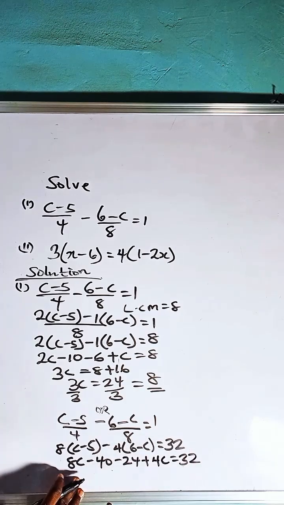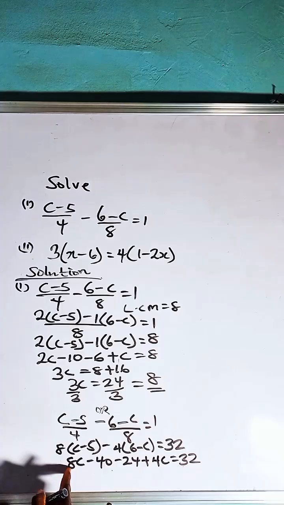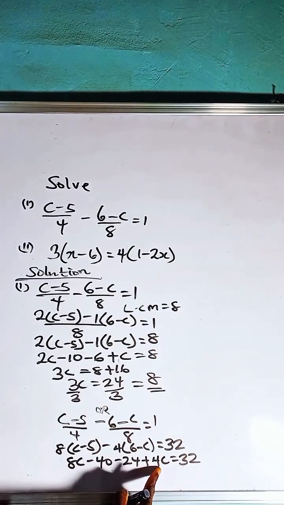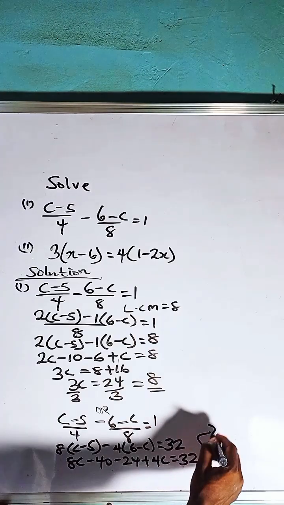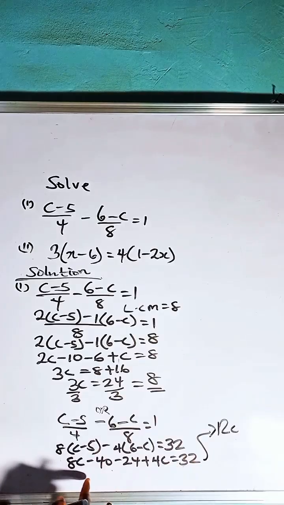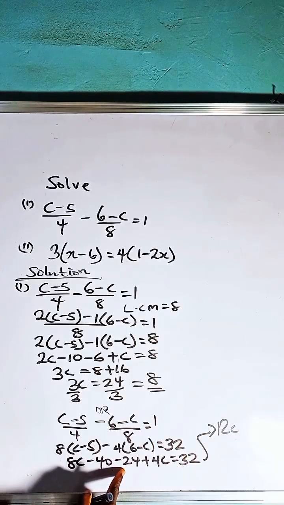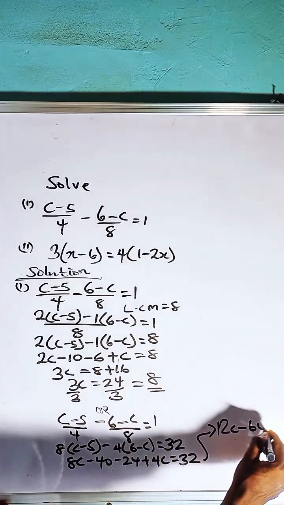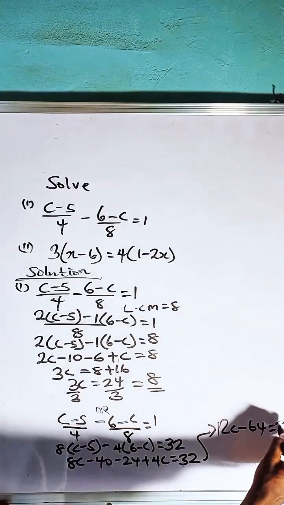When we collect the like terms, we have 8c plus 4c, which is 12c, and minus 40 minus 24, that is minus 64, equals 32.